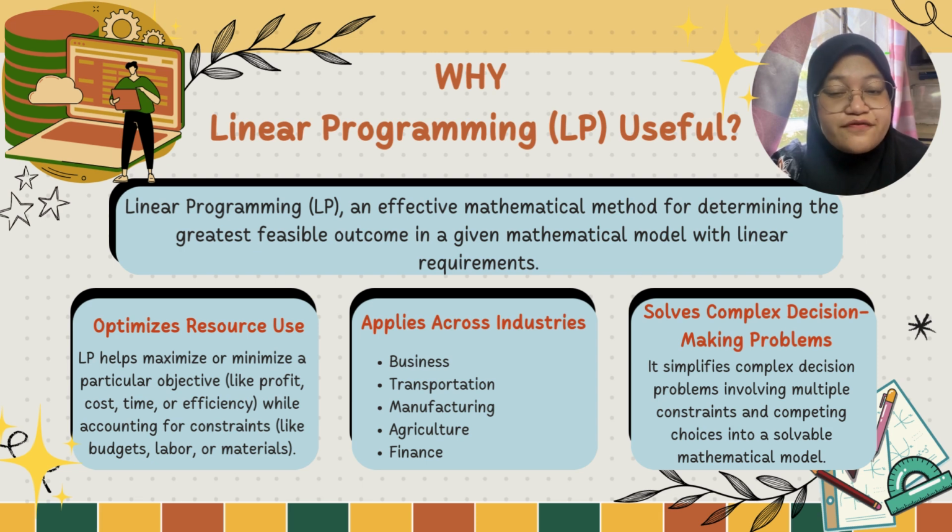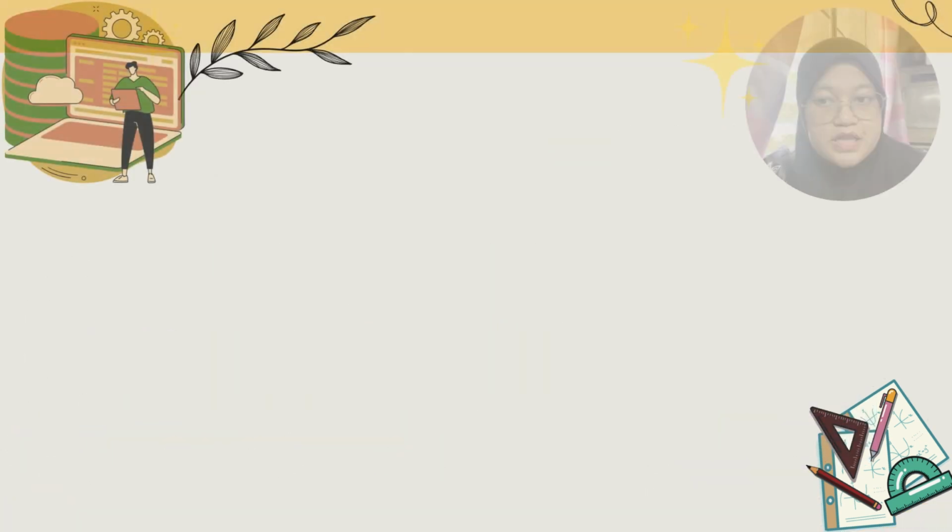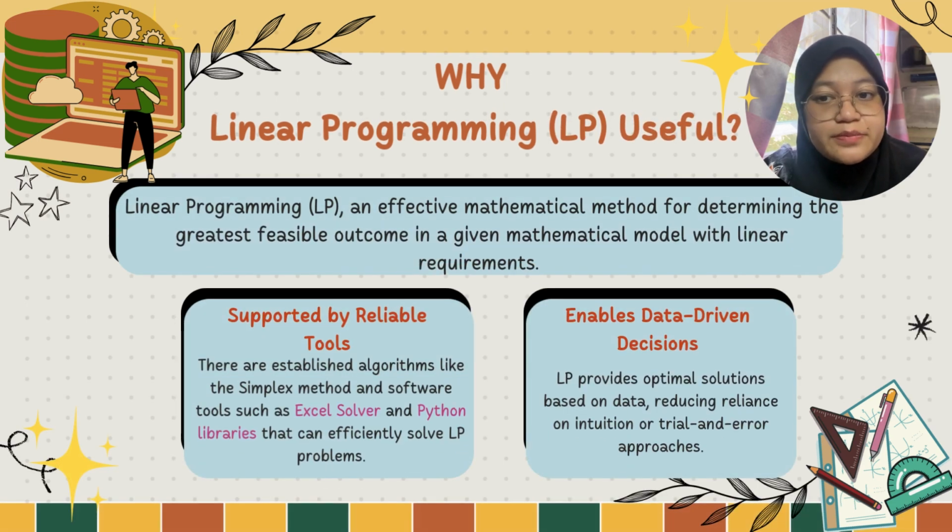Next, applicable across industries. It is utilized in various sectors such as business, transportation, manufacturing, agriculture, and finance. Next, solve complex decision-making problems. LP simplifies complex problems involving multiple constraints and competing choices into a solvable mathematical model. Next, supported by reliable tools.